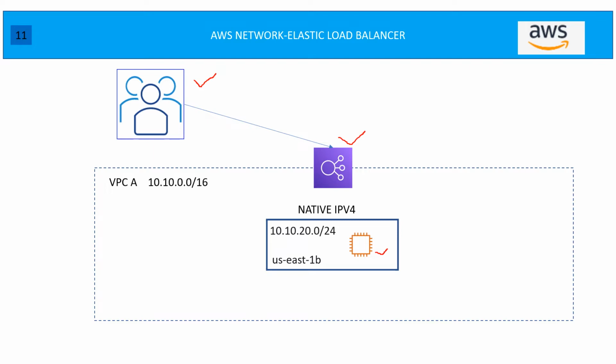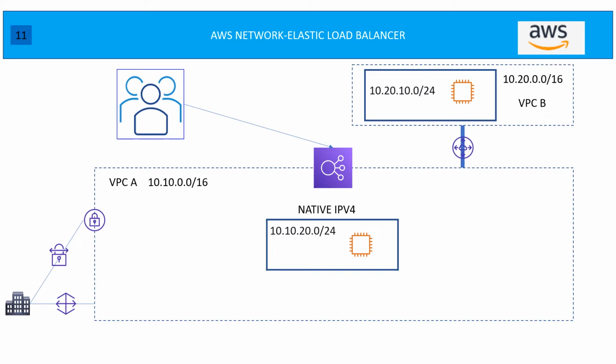So that worked. And today we are going to do some enhancement in our network topology and see the different behaviors. Now you see a change in the topology. I added on-premise stuff and a VPC which is going to be the peered one.